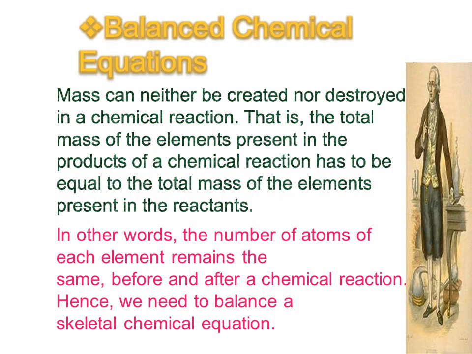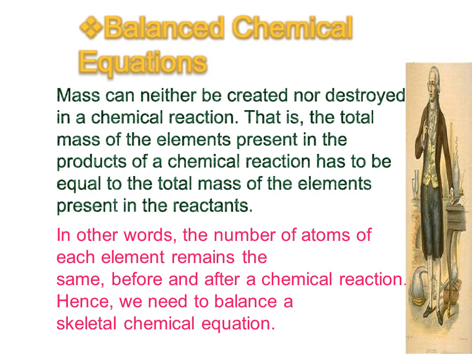What are balanced chemical equations, what are unbalanced chemical equations? So balancing of chemical equation involves a law, that is the law of conservation of mass, which is given by Antoine Lavoisier, which says that mass can neither be created nor be destroyed in a chemical reaction.